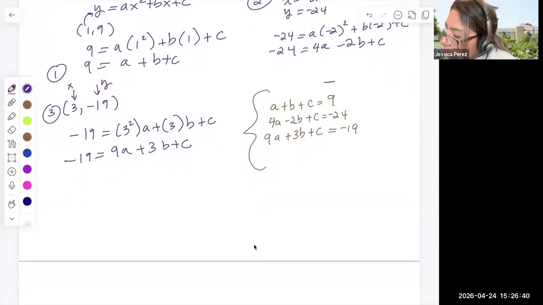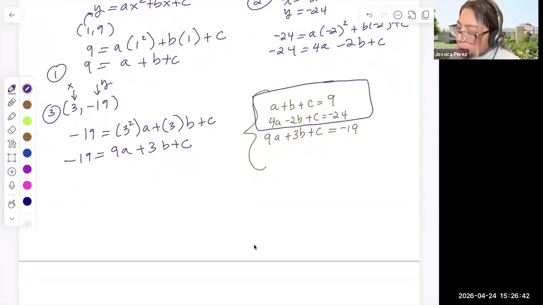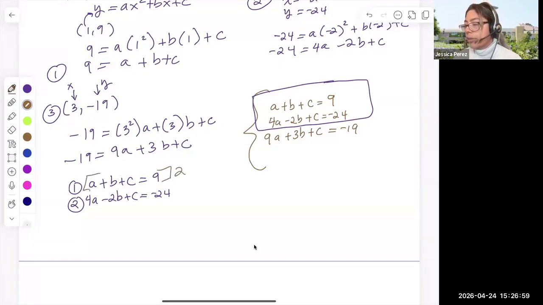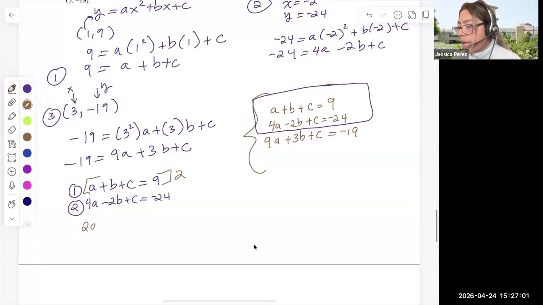So I'm going to combine equations 1 and 2. So that's a plus b plus c equal 9, and 4a minus 2b plus c equal negative 24. So I'm going to eliminate the b. I'm going to multiply this first equation by 2. So it's 2a plus 2b plus 2c equal 18.